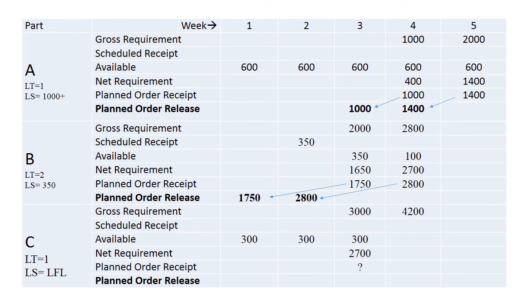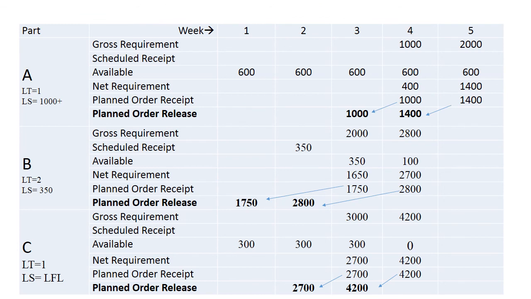Lead time is 1 week, and lot size is LFL. That means whatever you need, you can plan to receive. So you can plan to receive 2,700, and therefore you can plan to order 2,700 a week in advance in week 2. By the way, planned order receipt and planned order release will always be the same quantities, but they may be in different time periods depending on the lead time.